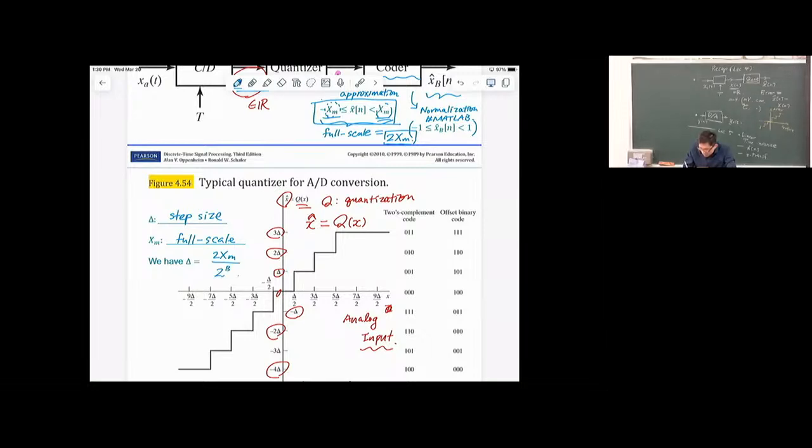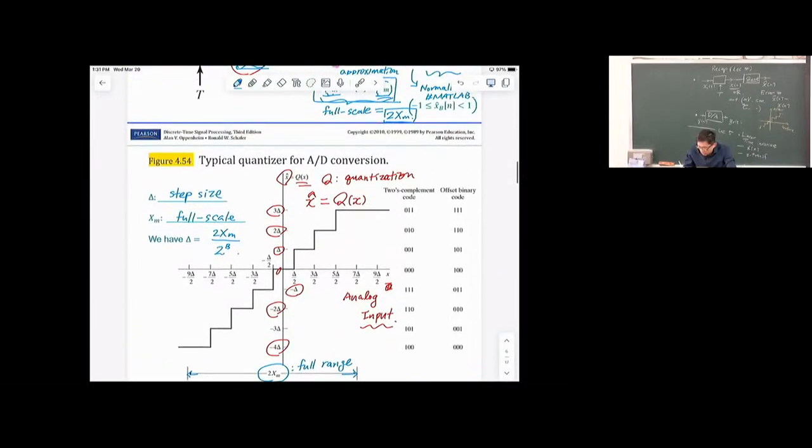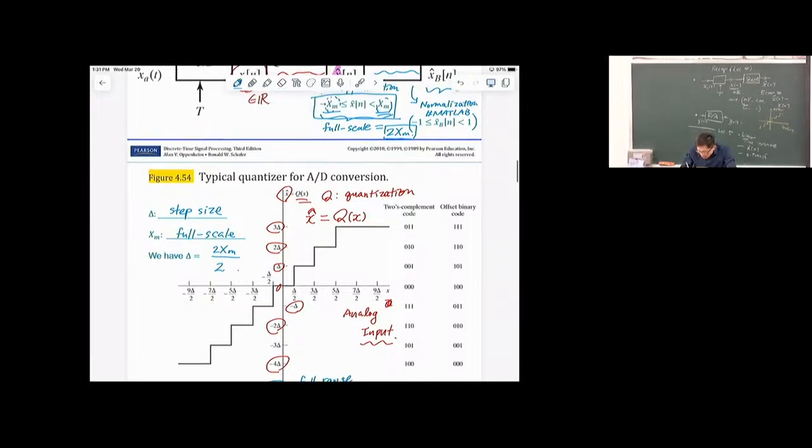In this case, b equals 3. So it's 2 to the power of the number of bits, okay? I hate this notation, number of bits. Usually I don't do it, but there's a reason.